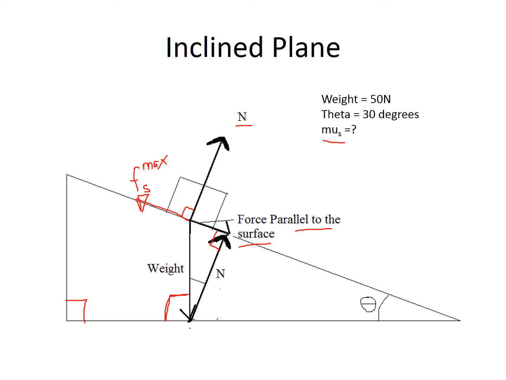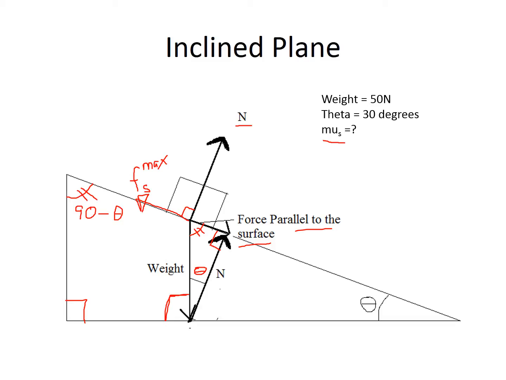The angle in the upper left must be equal to 90 minus theta. And it must also be equal to the angle in the upper left of the small triangle, where we are finding the components of the weight. Which means this angle on the lower end of the small triangle must be equal to theta.